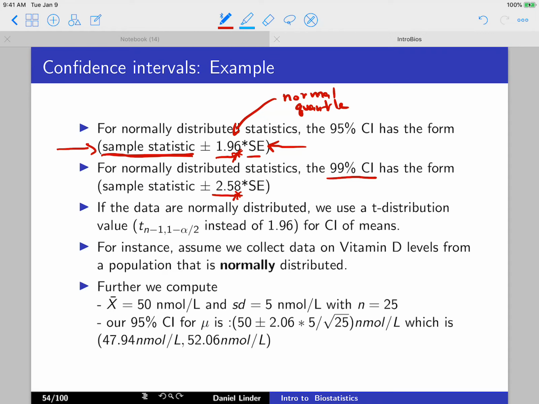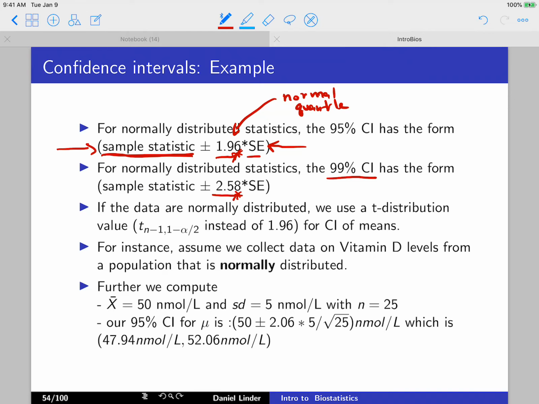So that's the change that's happened when we increase our confidence level. And the reason we have to do that is because if we want to attain this additional level of confidence, we have to think about more values. We have to include more values.